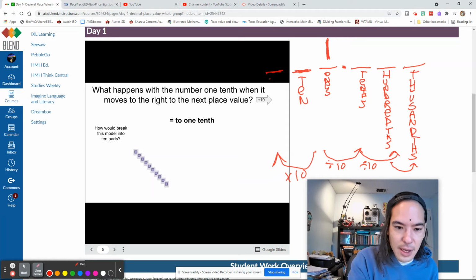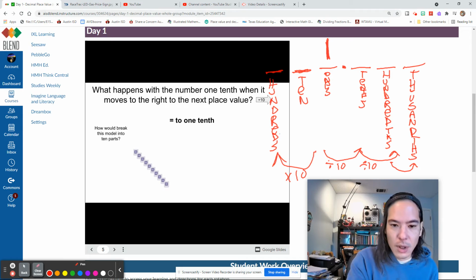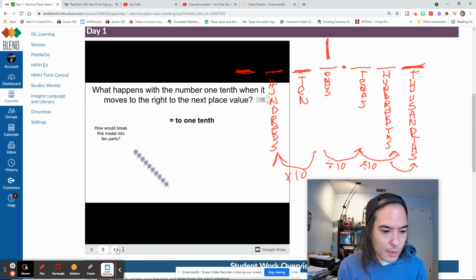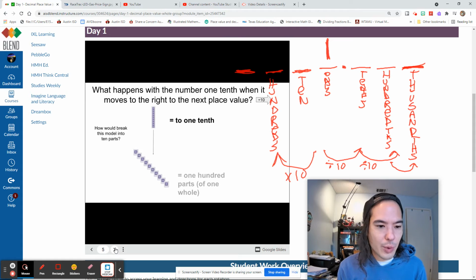Ones, tens, hundreds. On this side, it'd be ones, tenths, hundredths. You know, next to the hundreds on this side would be thousands, which means next to the hundredths on this side is thousandths. All right, so we will use the place value chart more and more.